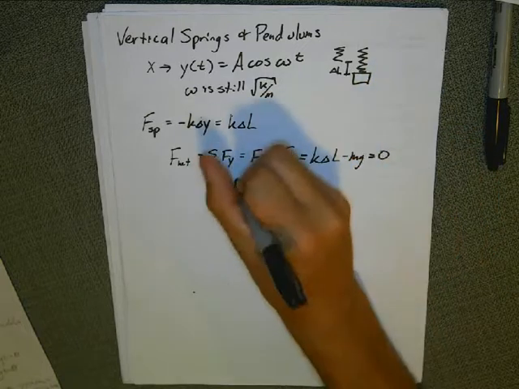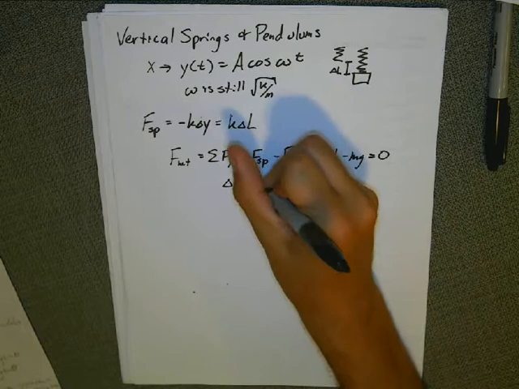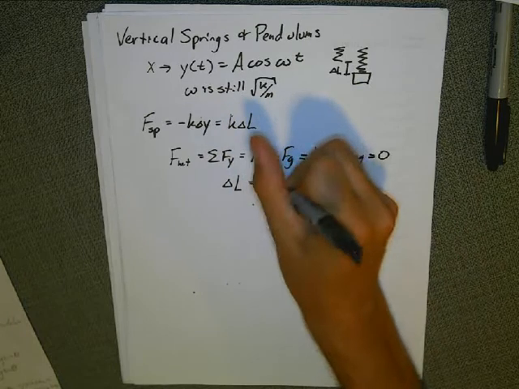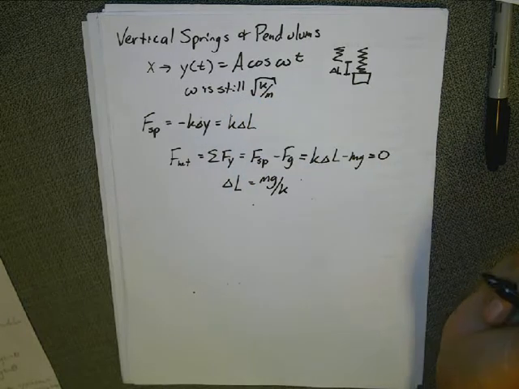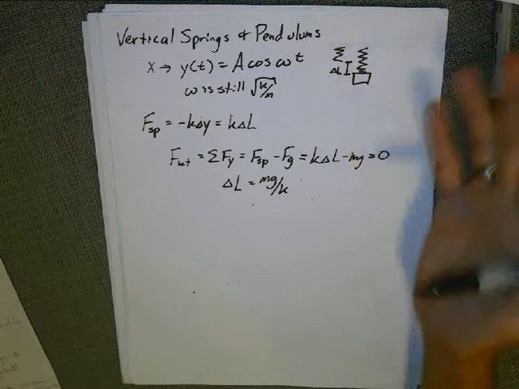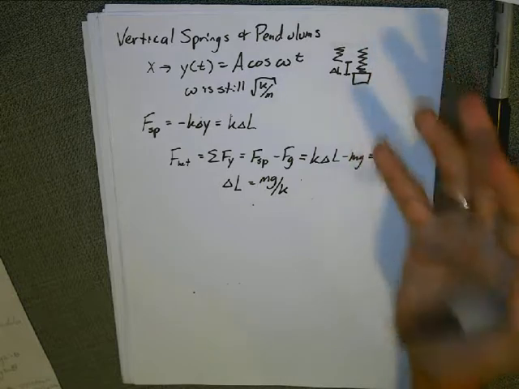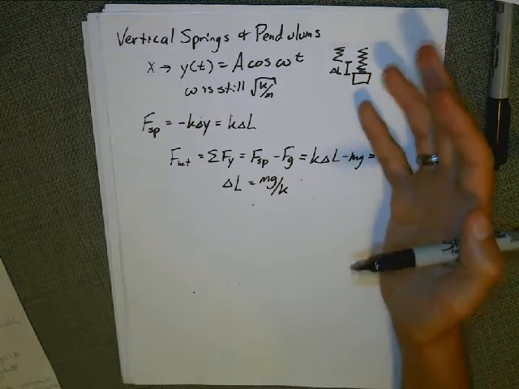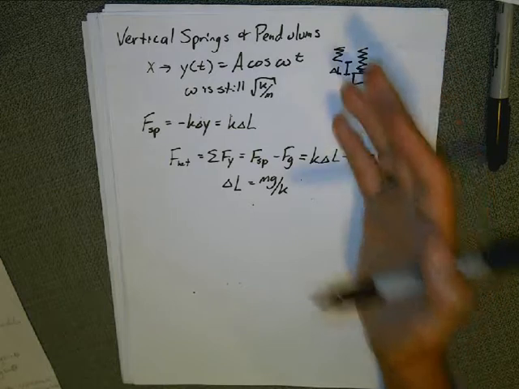This gives us delta L is equal to mg divided by k, telling us that the length of the stretching depends on the weight of the block and the stiffness of the spring. This makes sense. If I add a bigger weight, delta L will increase. If I add a weaker spring, delta L will increase.